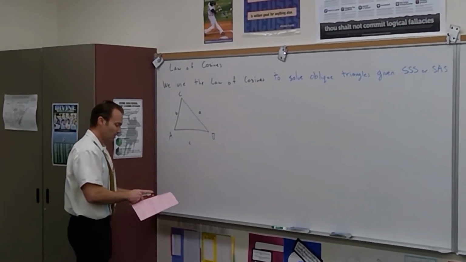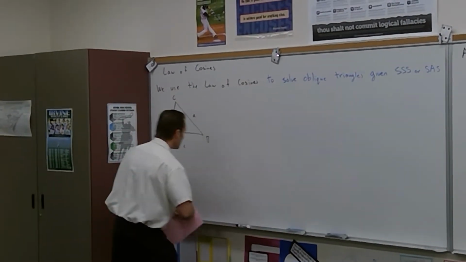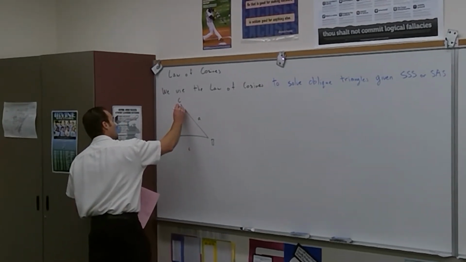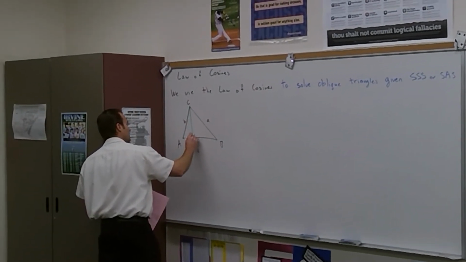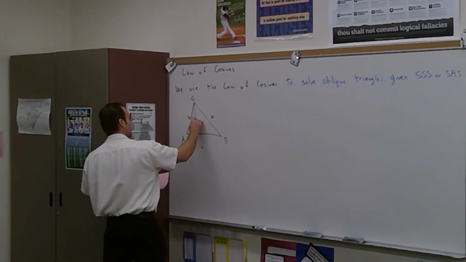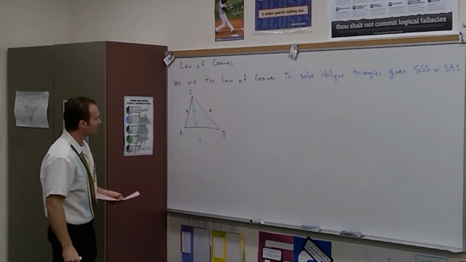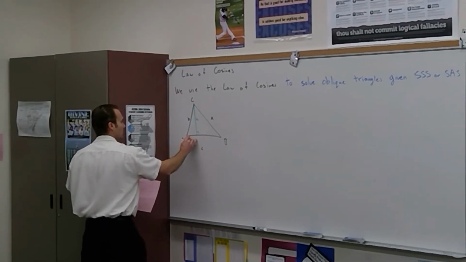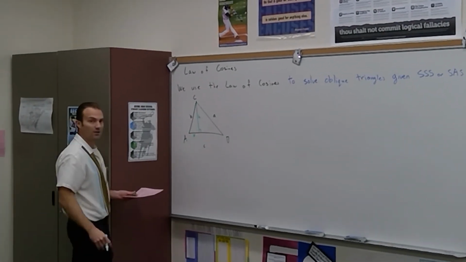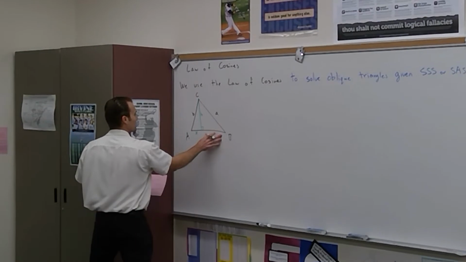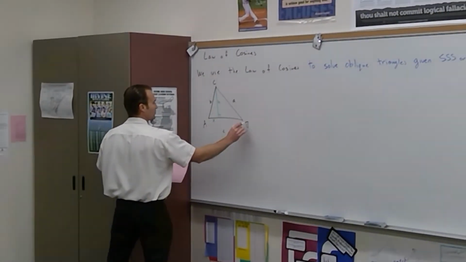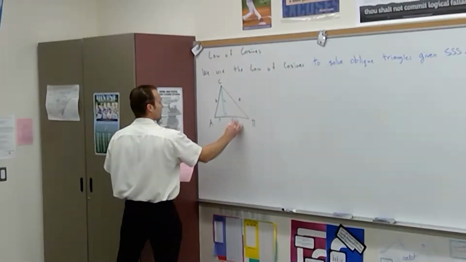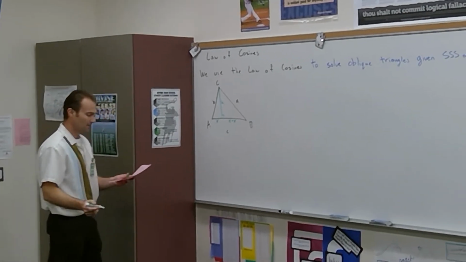We're going to drop a height here, an altitude, and we're going to call that h for height. Now, that breaks up my base into two pieces. I'll call this piece over here an unknown x, and then this piece over here would have to be the total distance, c minus x.